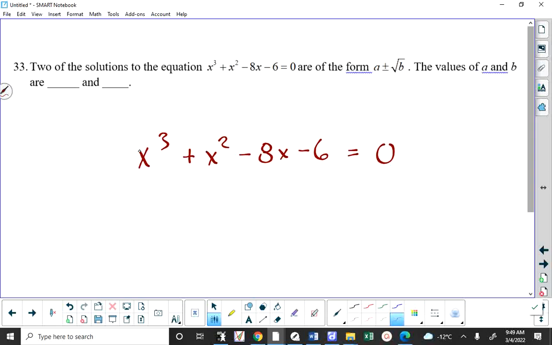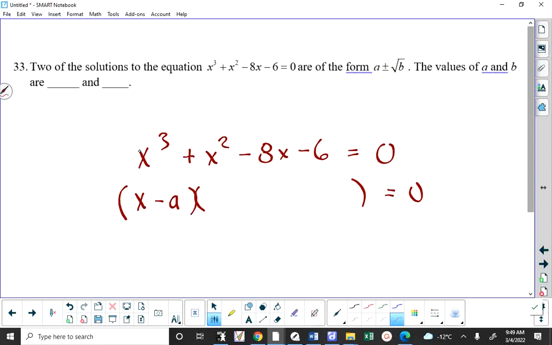When I say the solution is a plus root b and a minus root b, I'm saying that's not a rational solution. In other words, everybody, this does not factor into 3 linear factors, because if it did, you wouldn't have any radicals in the answer. What we suspect it does is factor into maybe x minus a, and by the way, it has to be x because it's x cubed.